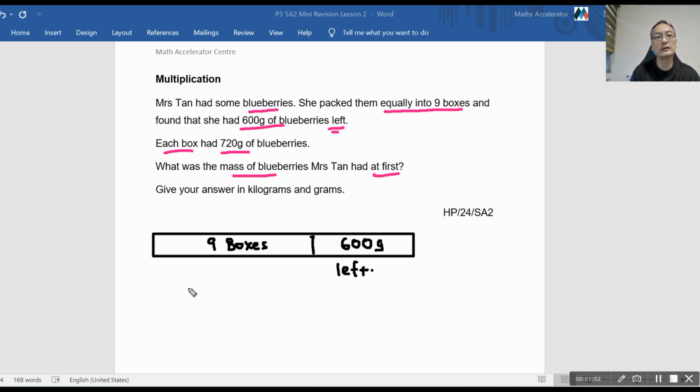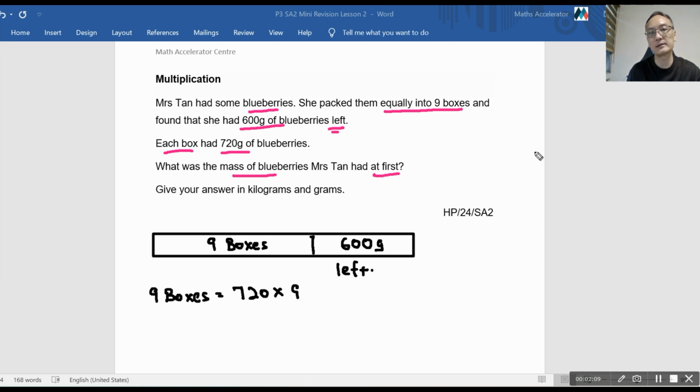So first we need to find the mass of blueberries in these 9 boxes. We know that each box is 720, therefore we will take 720 multiplied by 9.